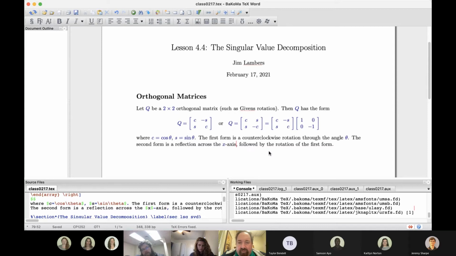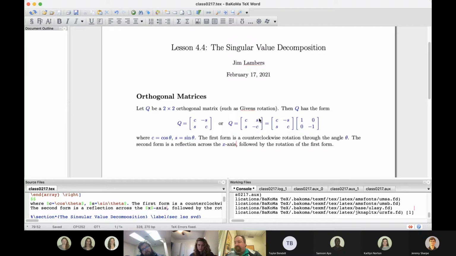Any 2 by 2 orthogonal matrix can be characterized as this form or this form, because you're dealing with the trig identity cosine squared plus sine squared equals 1, and you have a choice when determining the entries of your orthogonal matrix to take either a positive or negative square root.